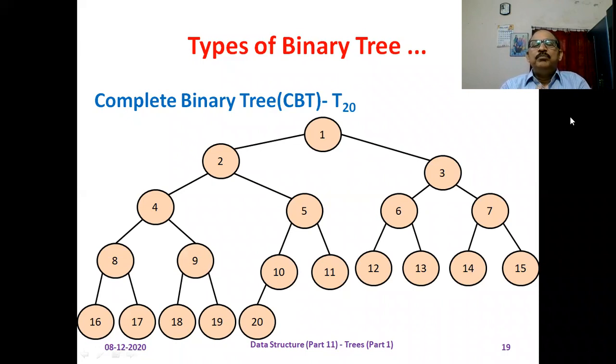Therefore, it is a complete binary tree of 20 nodes. Is that clear? A binary tree that satisfies the two properties is called a complete binary tree. This is a complete binary tree since it satisfies the two properties.